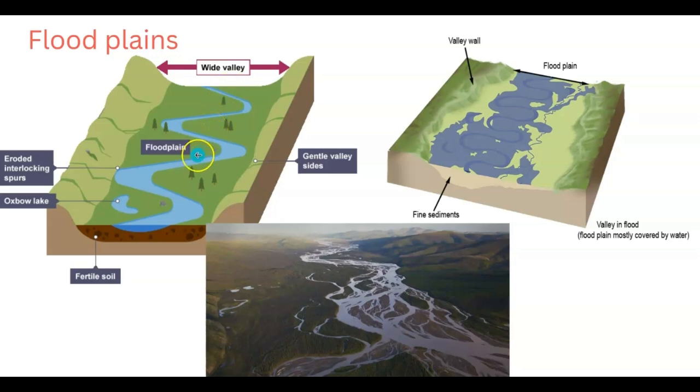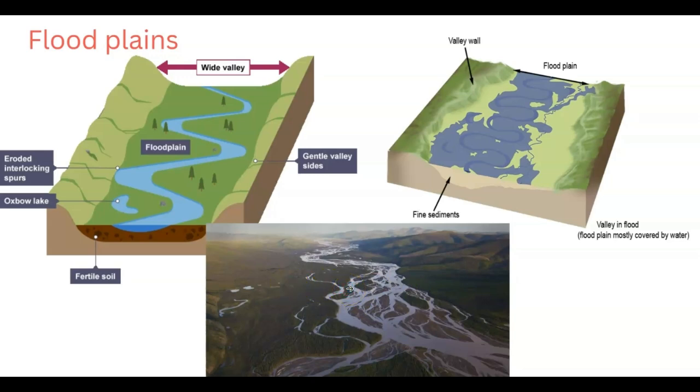They lose energy and deposit eroded material. Layers of light, small sediment, over here and here, are deposited on the wide, flat valley floor where the river floods, away from the river banks, which gradually builds a gentle sloping floodplain, as you can see here. There are a few slopes.